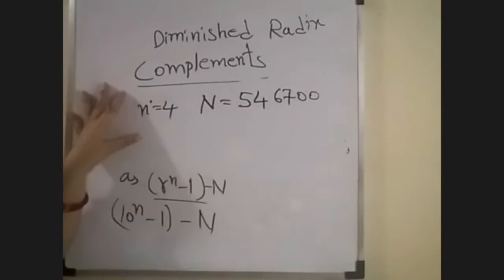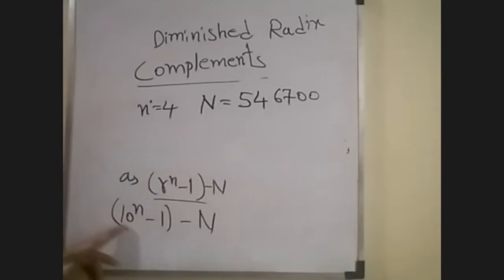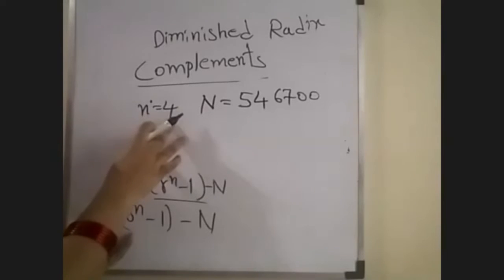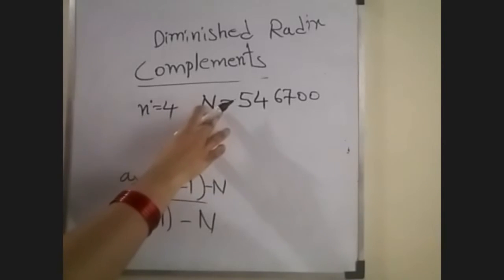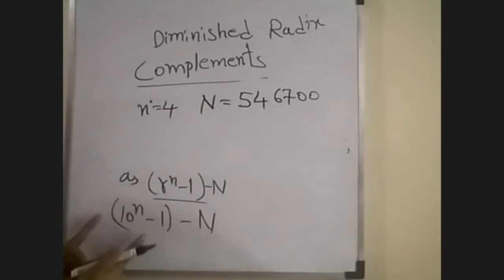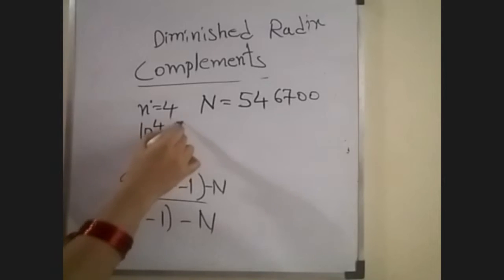Substitute these values in the formula: 10 power 4 minus 1 minus 546700.